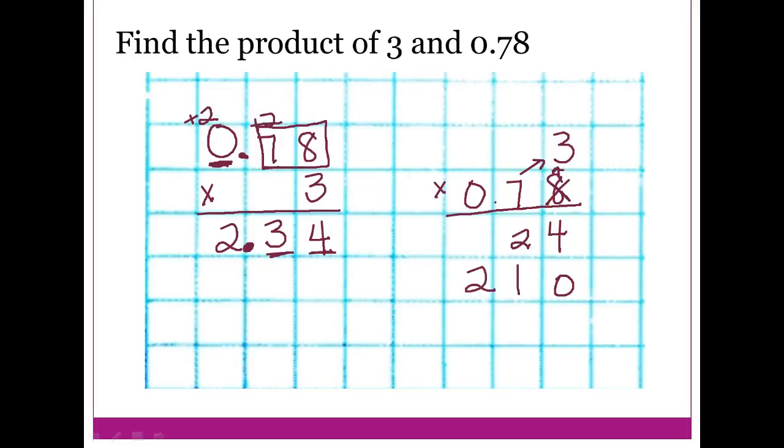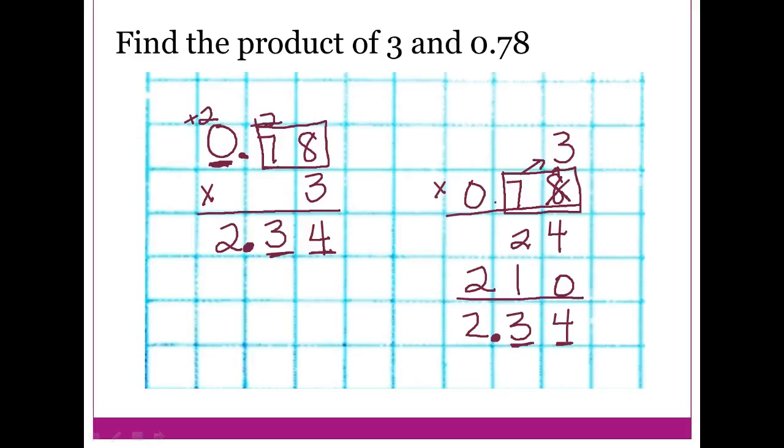Then I will add up the rows, and I get 234, which we know is not the correct answer because I still need to put the decimal point in there. We count the number of digits to the right of the decimal in the problem, and we see that there are 2, and we mark those off and put the decimal point there, 2 and 34/100ths.